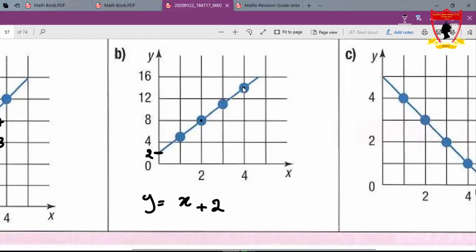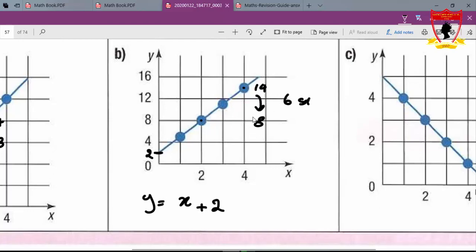In this point, the y is 14 because it's halfway between 12 and 16. Here y is 14, and when we go down to this point y is 8. So between them is 6 steps.